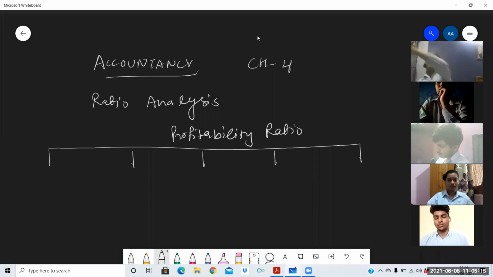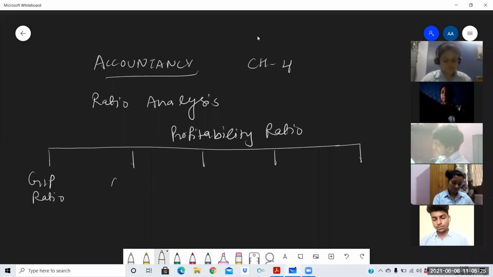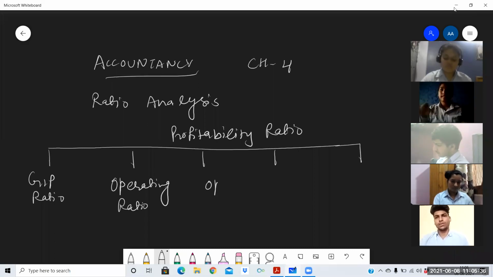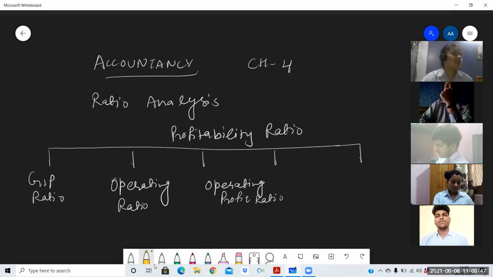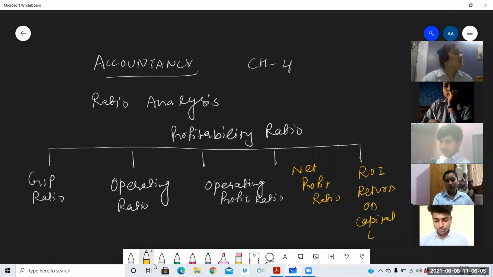So while calculating profitability ratio, 5 ratios are calculated: gross profit ratio, operating ratio, operating profit ratio, fourth is net profit ratio, and the fifth one is ROI, which is known as return on capital employed.